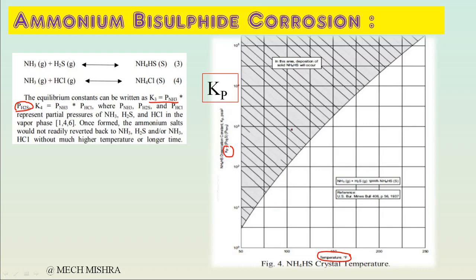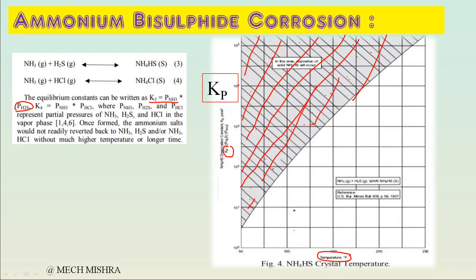If we land in this shaded portion, solid NH4HS deposition will occur, so this is the critical range and we should avoid it. Here ammonium bisulfide salts will form and lead to corrosion.